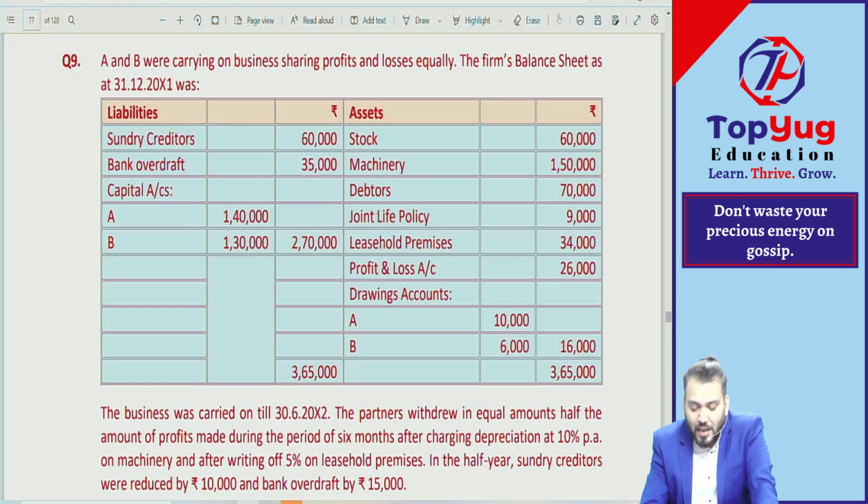You can see the balance sheet has a PL account, which is the loss not yet distributed, so we need to distribute it to partners. Drawing is also given, meaning drawing is not yet transferred to partners' capital account.